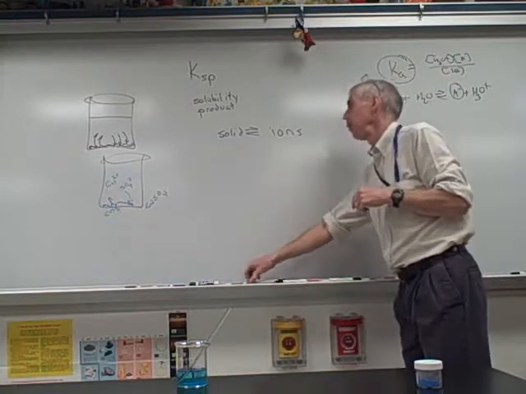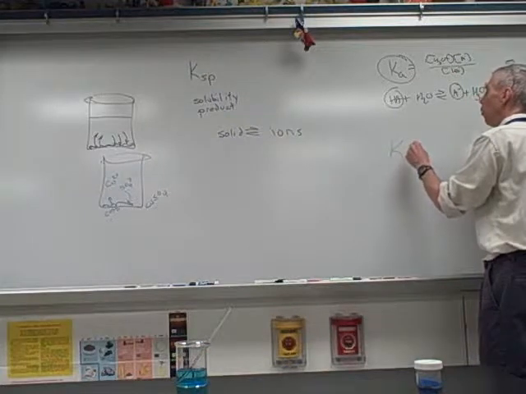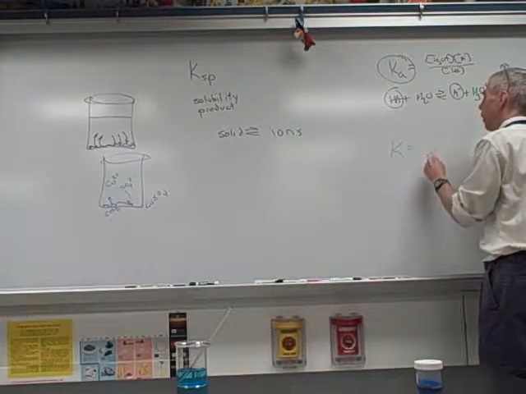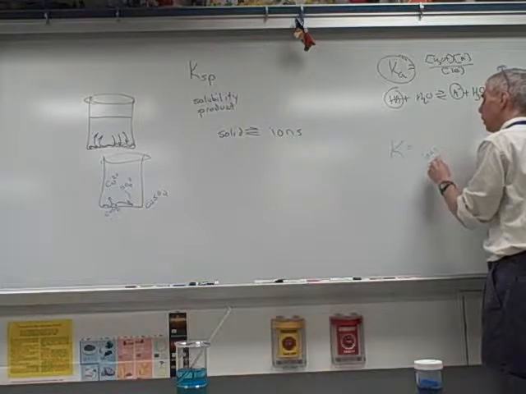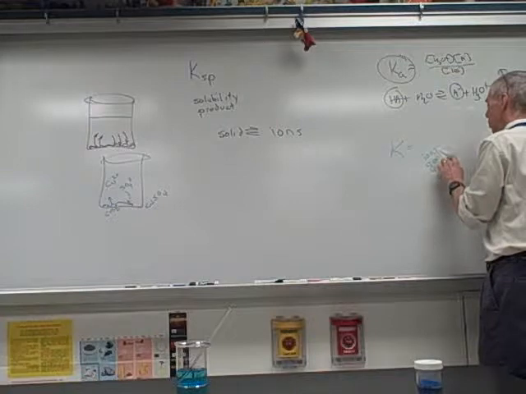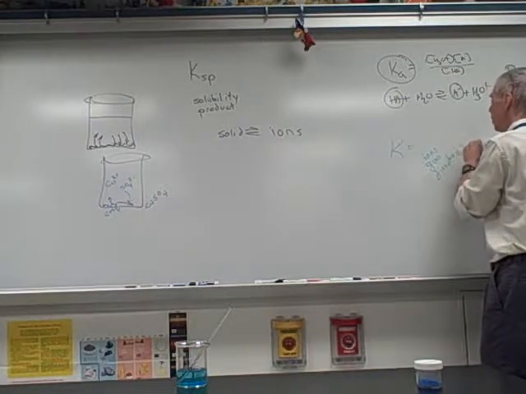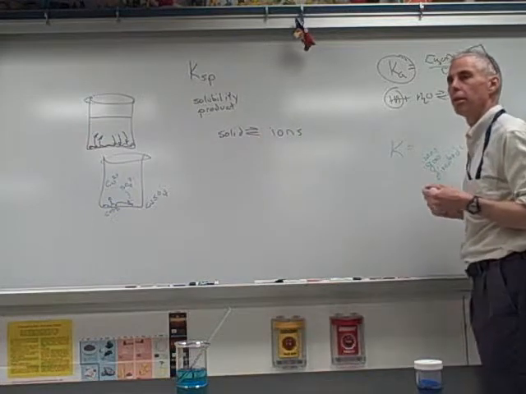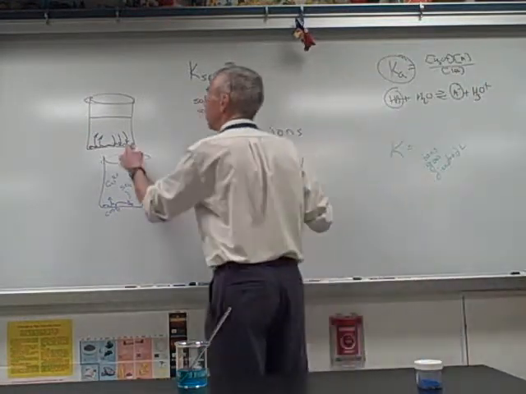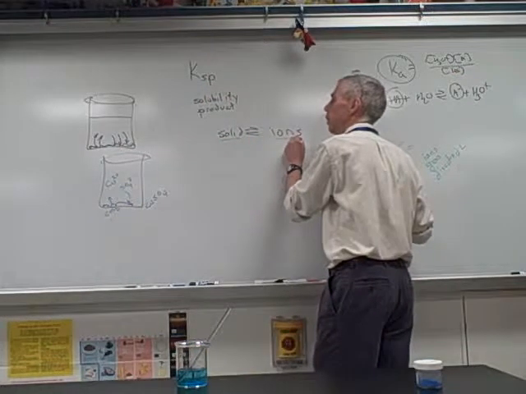Now, if you go all the way back to the first K chapter, what goes in the K expression? Ions and gases, right? And dissolved liquids. Dissolved. All right, dissolved liquids. What about solids? No, because if you have some solids, you've got enough solid. So it's the same thing here. We start with solid, we end with ions.